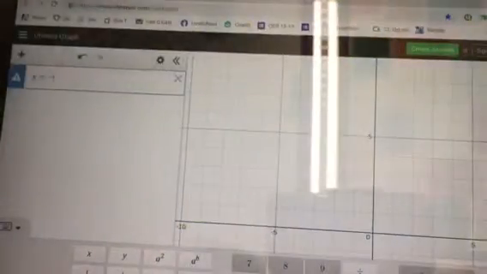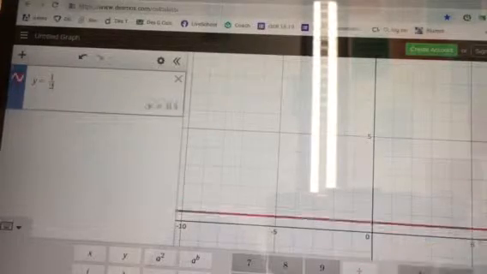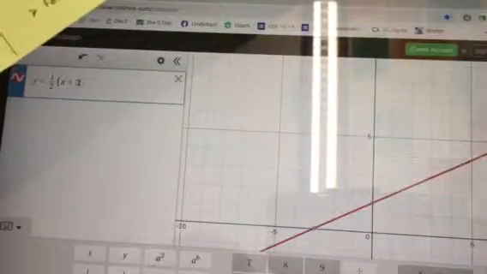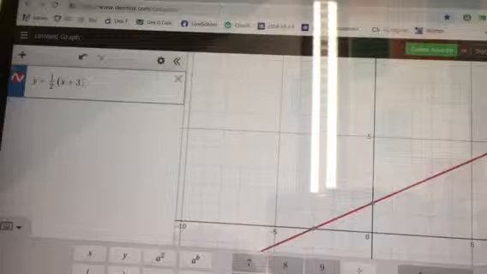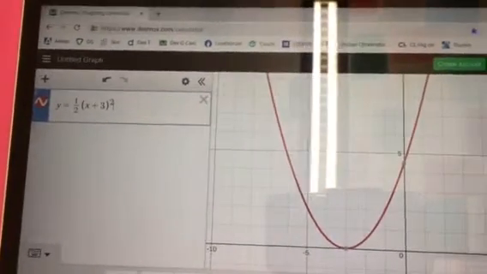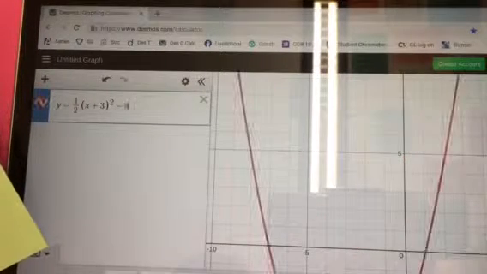One half, 1 divided by 2, x, oh, parentheses, x plus 3 squared, plus 3 squared minus 8.